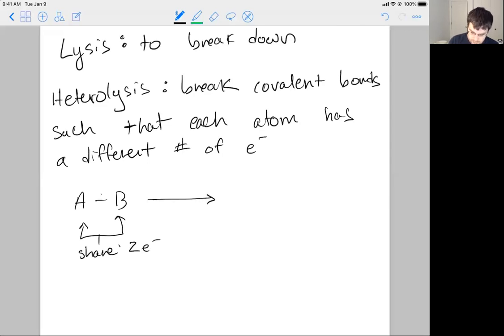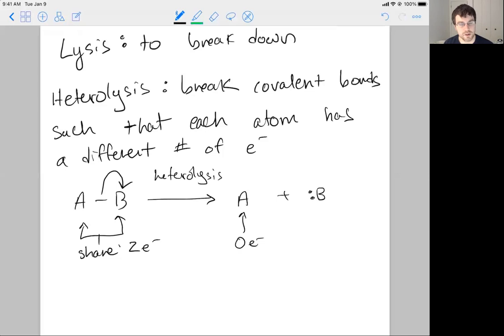And then when we break the bond by heterolysis, we're going to rupture the bond such that A has 0 electrons and B has a lone pair. Now, A could have other electrons, but in terms of from the covalent bond, from that sharing of electrons that we saw, A has 0 electrons and B has 2 electrons.